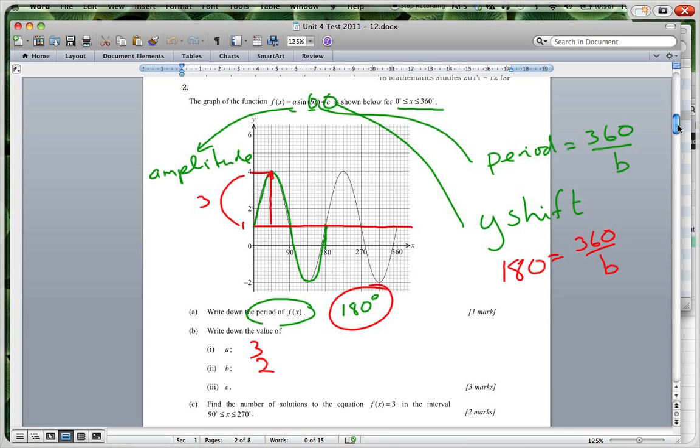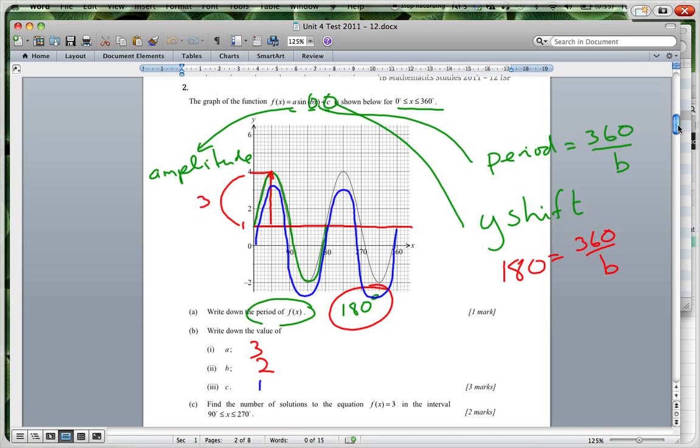That's right, it's shifted 1. Usually this graph would look something like this. It would go up like this, and then come down to this, and then up like this. It would usually look like that. So it's all been shifted up 1. So your C is going to be 1.